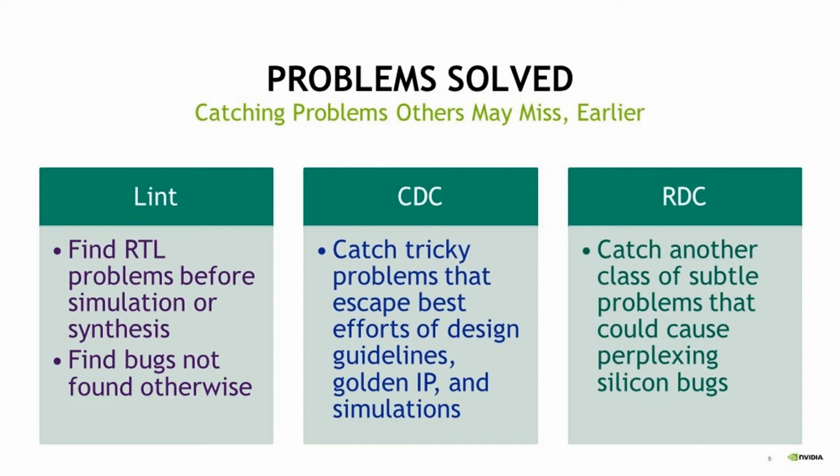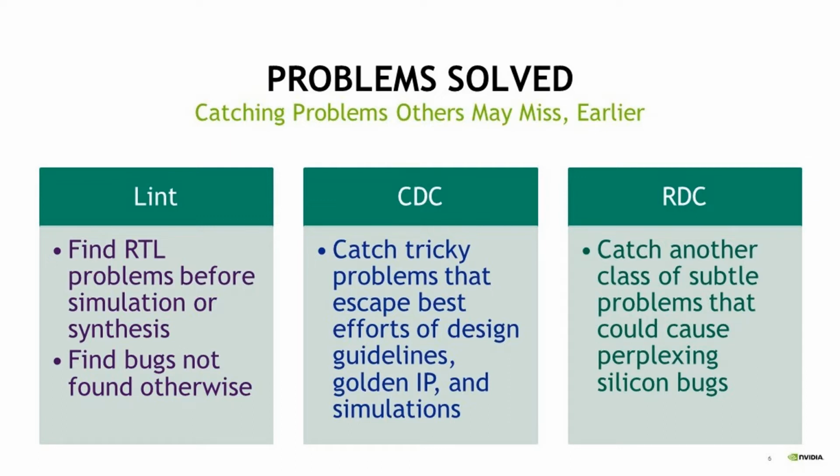So why do we do this? Lint is great for an early vetting of the RTL. It's quicker and easier to get feedback than running simulation or synthesis. And CDC is a formal tool giving us complete coverage to ensure that our interfaces are clean.